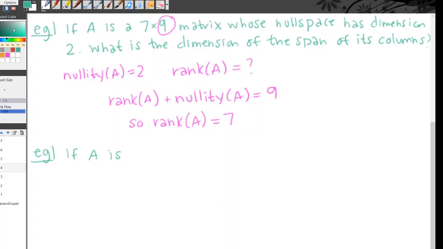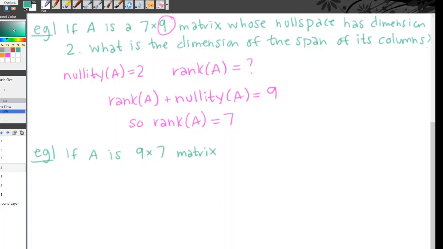Let me think for a second. Yeah, let me switch this up to make this question work. So let's say A is now a 9 by 7, so it has 9 rows, 7 columns.